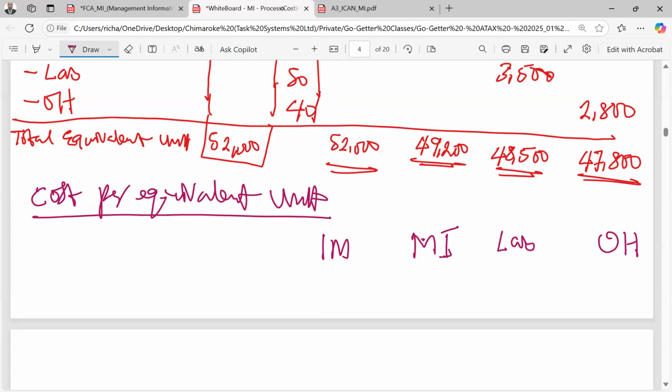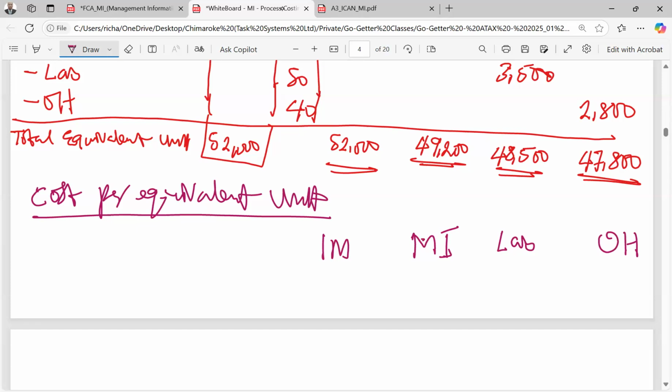The first thing here is to bring in the cost in opening work in progress. In the FIFO method, when we're doing the statement of cost per equivalent unit, we only use the total cost for the period.